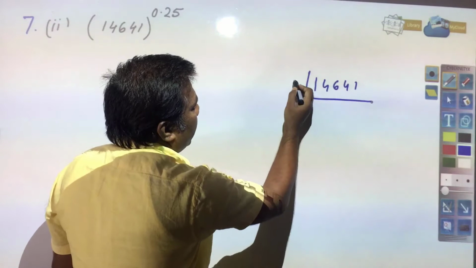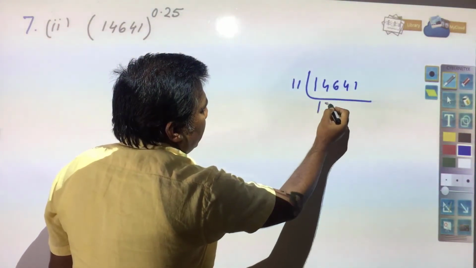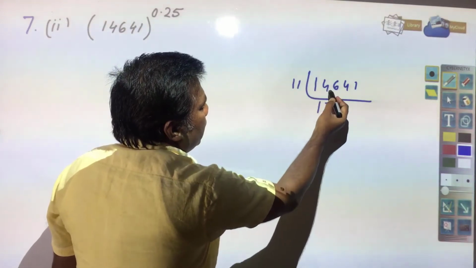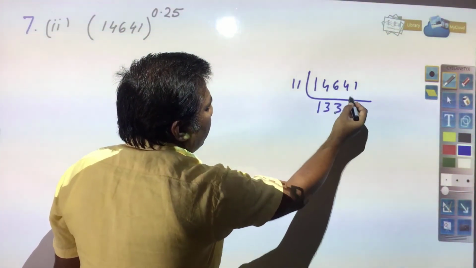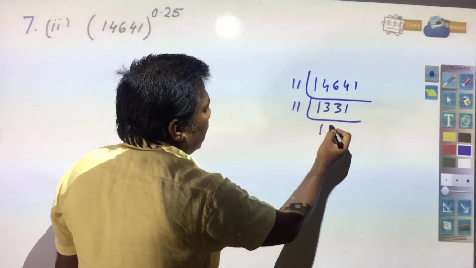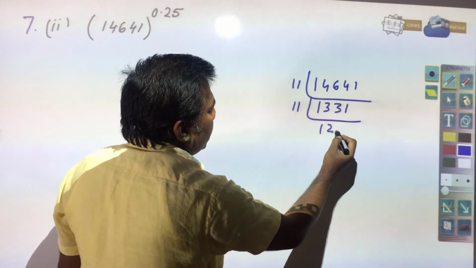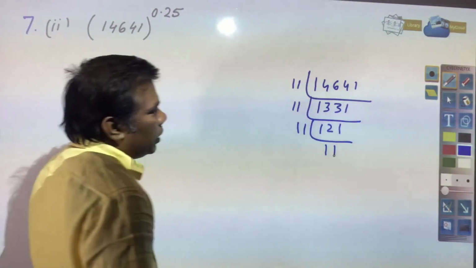This will be divisible by 11. 11 ones are 11, 11 threes are 33, again 11 threes are 33, and 11 ones are 11, 11 twos are 22, 11 ones are 11.